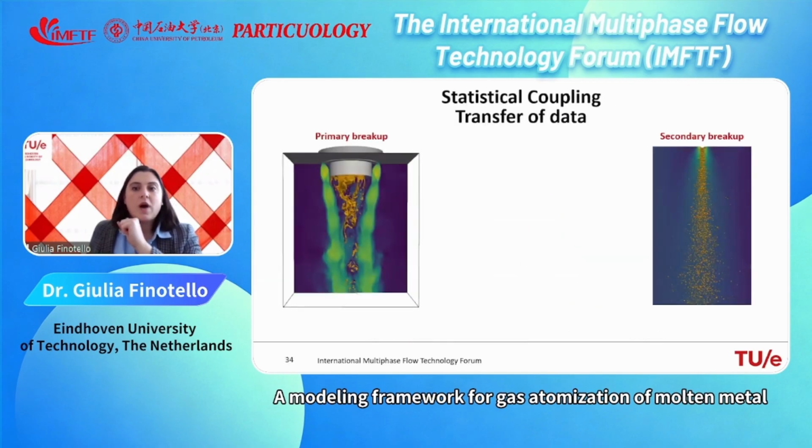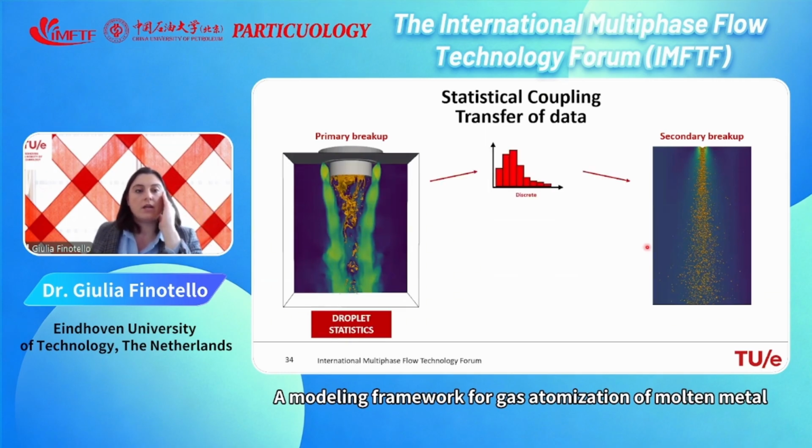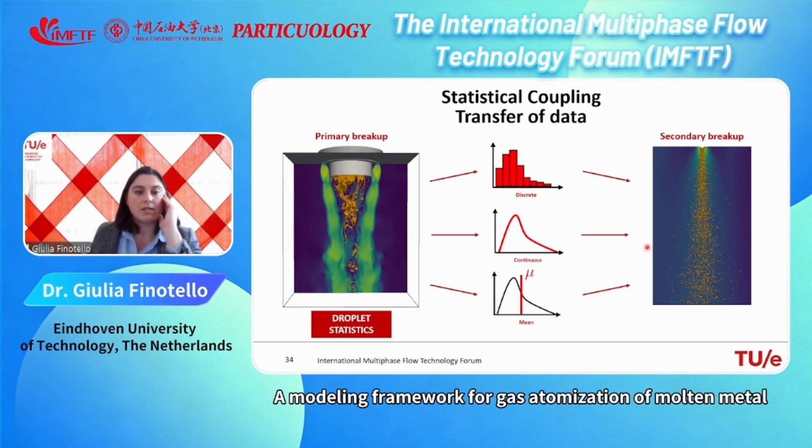So how can we transfer the data from the primary to the secondary breakup? For the droplet statistics, we can do that by transferring the discrete data, continuous data, or mean data, by choosing a mean, an average.